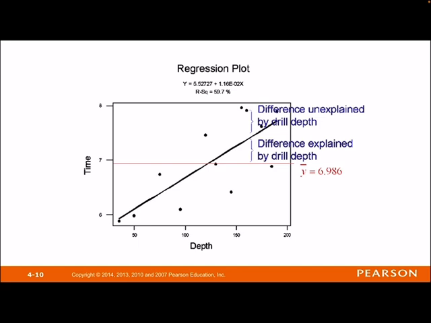All I did on this slide was draw our linear regression line, which is the y hat, and I drew our average y, which was 6.98 or 6.99. That's the red line. If I look at any point on that line and look at how to get from here to here, that would be the difference you would subtract to get the distance.